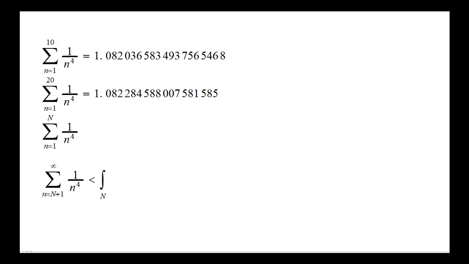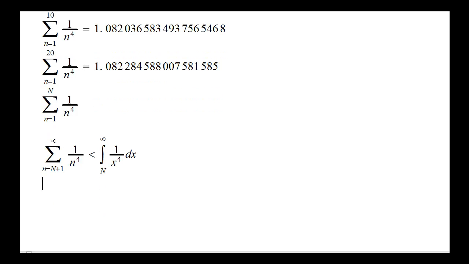So that will be less than this improper integral, and that's what we got from the remainder theorem for a convergent series for which the integral test applies. So this has to be less than that. Say we would like to approximate this with a sum with an error less than 0.001.